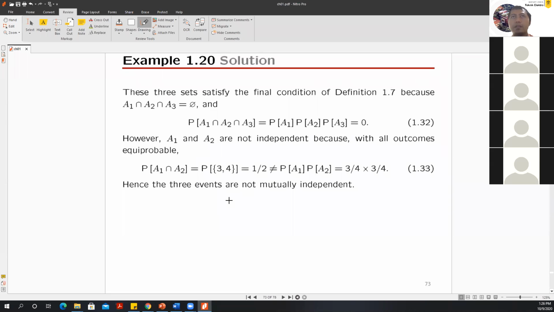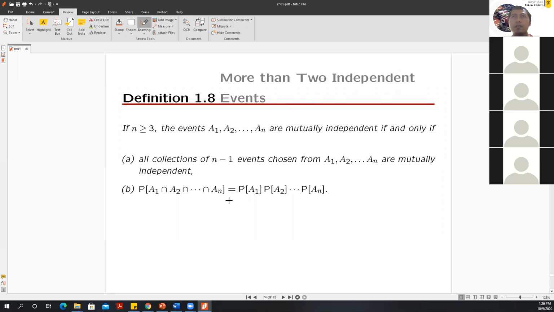Okay. And if we have more than two events, let's say n is more than 2 or more than 3, then we can write the events A1 until An, and all of them are mutually independent if and only if this holds for every collection of events chosen. This expression is the general expression if we have n more than 3.